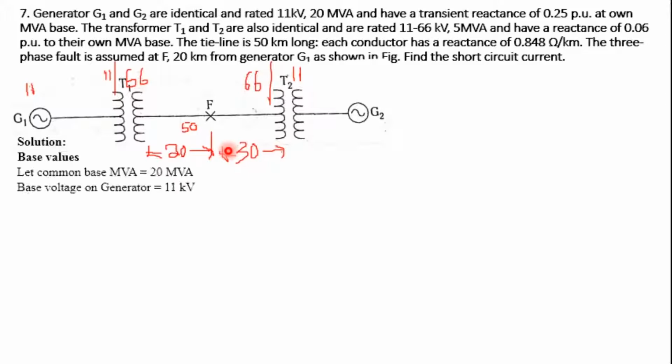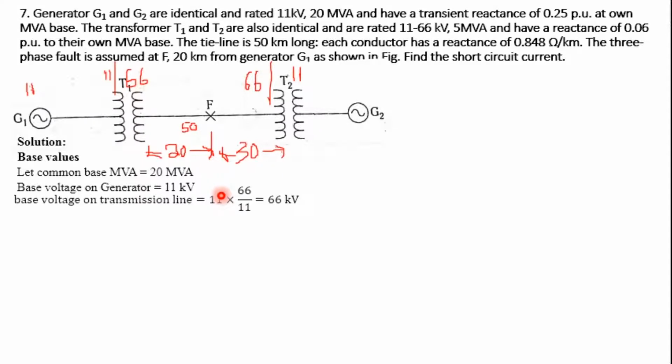We need to consider the base values. The base is 20 MVA. The base voltage is 11 kV for generator G1.